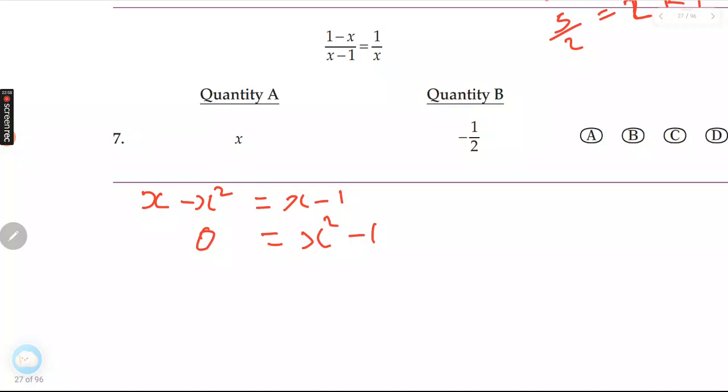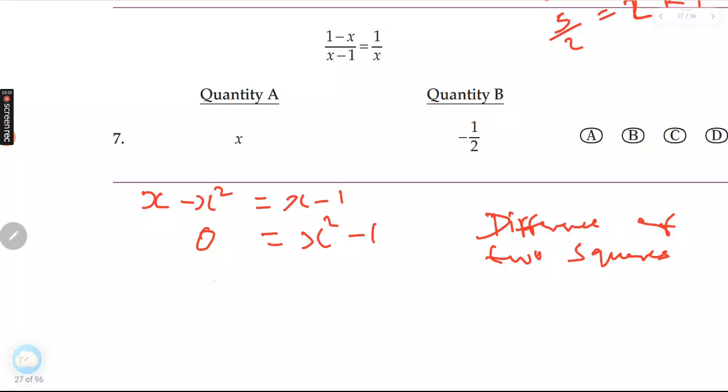If you go back to the formula sheet and check on the algebra, you will see difference of 2 squares, which is their sum into their difference. This is the classical difference of 2 squares, which we get their sums into their difference.